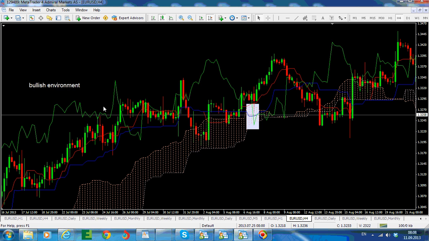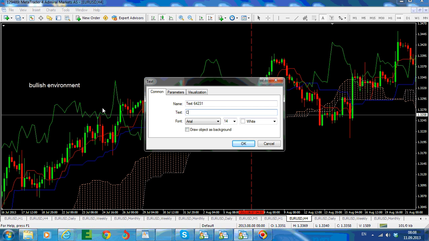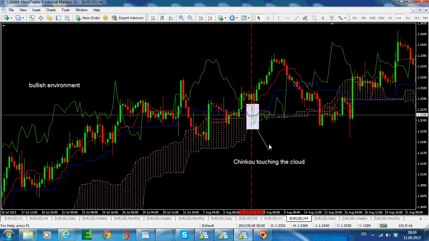Here the transitory cycle begins, and by the time the Chikou is touching the cloud, look for a bounce to happen.